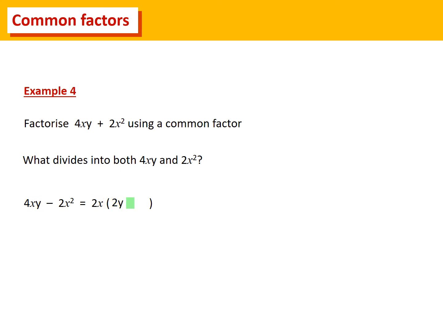Then the sign in the bracket has to be a subtraction. And then 2x times something gives me 2x squared. What must the something be? Well, to get from x up to an x squared, I must have multiplied by x. So 4xy subtract 2x squared can be written as 2x brackets 2y subtract x.